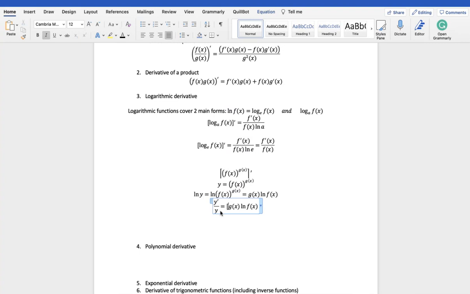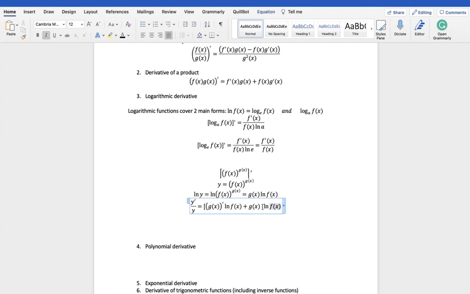And on the right-hand side, because you had the product, now you would use the product rule. So you would take the derivative of the first function multiplied by the second function plus the first function multiplied by the derivative of the second function.